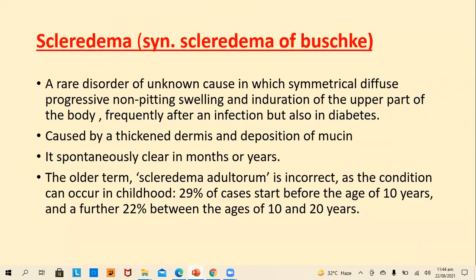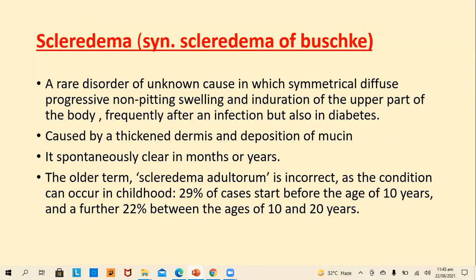Third disease to be discussed today in diffuse cutaneous mucinosis is scleredema, also known as scleredema of Buschke. It's a rare disorder of unknown cause in which symmetrical diffuse, progressive non-pitting swelling and induration of upper part of body is seen frequently after infection, but also in diabetes.